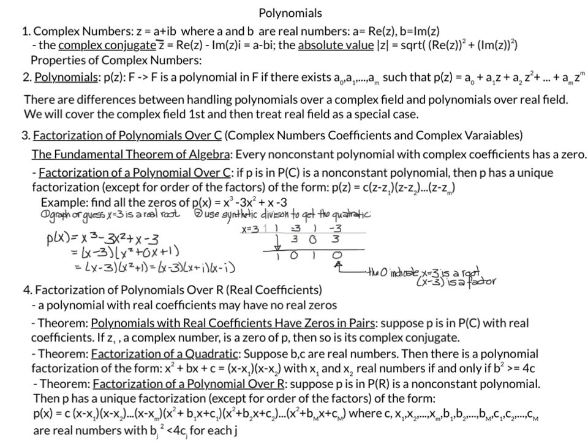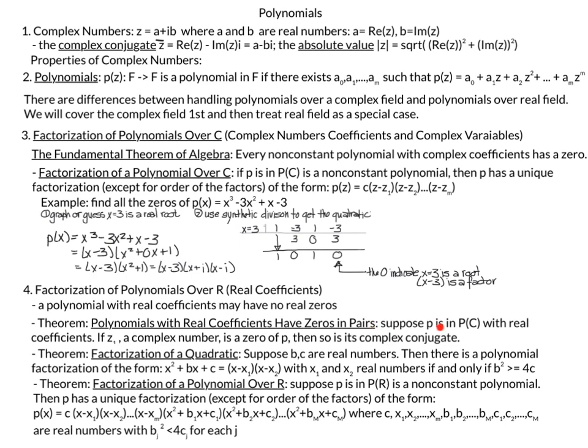We will then move to looking at factorizations of polynomials over R, where we have real coefficients. A polynomial with real coefficients may have no real zeros. So if we're constrained to only the real numbers, and not the imaginary numbers, we may have no real zeros. We have this theorem here that polynomials with real coefficients have zeros in pairs.